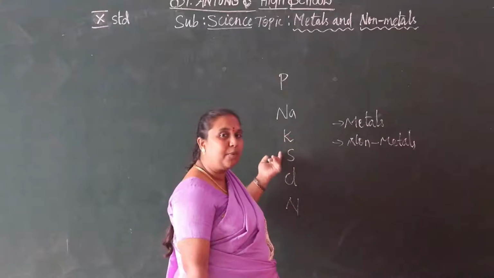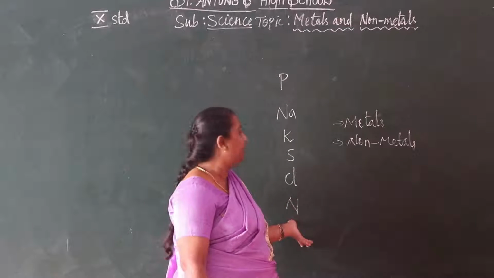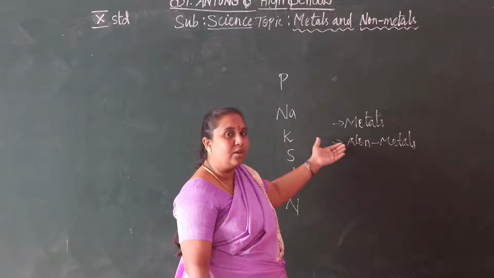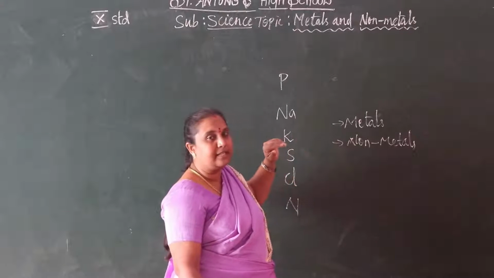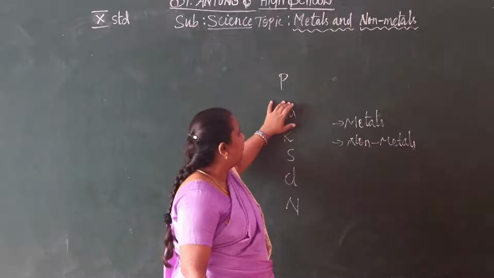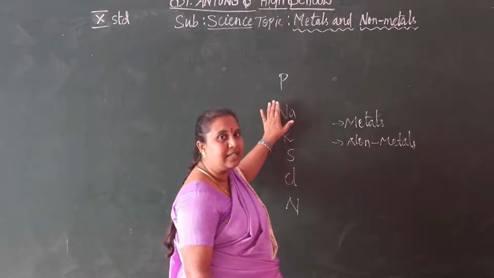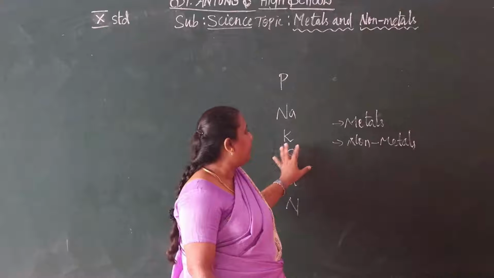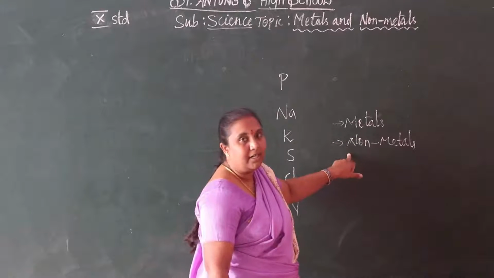We have physical properties and chemical properties of elements. If an element shows the properties of metals, we can say it is a metal, and if it shows the properties of non-metals, we can say it is a non-metal.